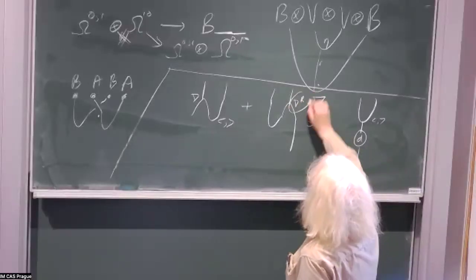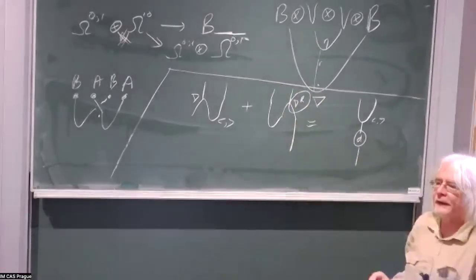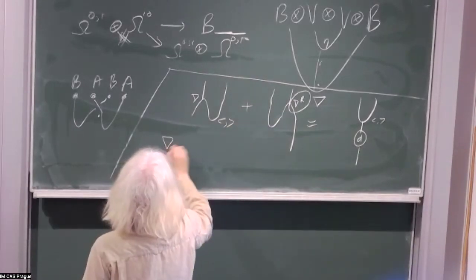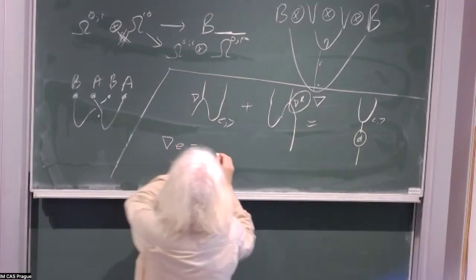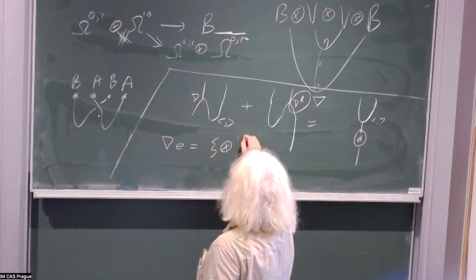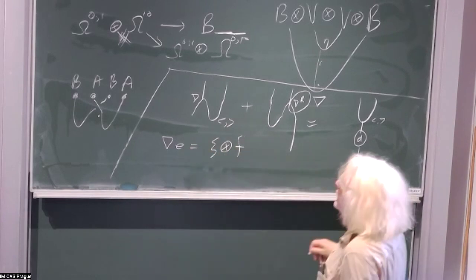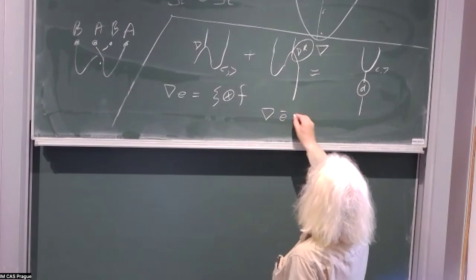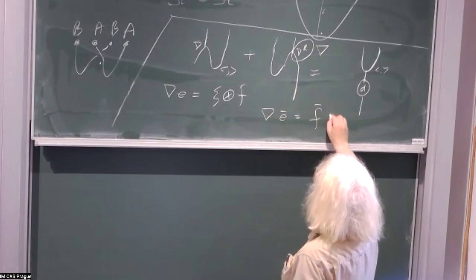Now, because this is a conjugate, there is a very natural definition: if I have a left derivative on E, I've got a very natural definition of a right derivative on E bar, which is just given by this operation here.